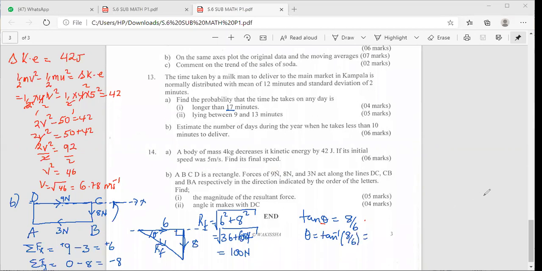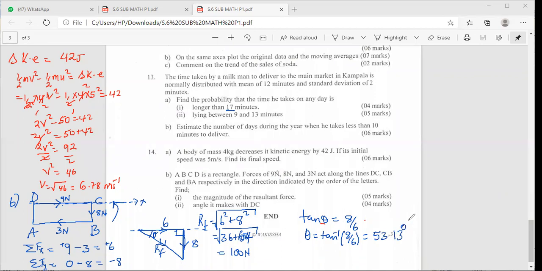When you press the calculator, you get 53.13 degrees.